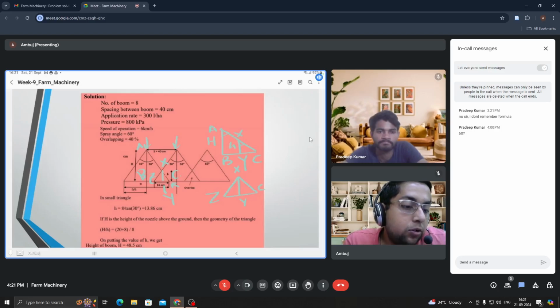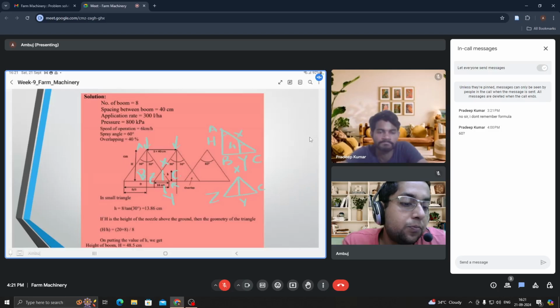Using tan theta in triangle XYC, YC over small h is equal to tan 30 degrees. So with YC as 8, small h would be 8 divided by tan 30, which is equal to 13.86.